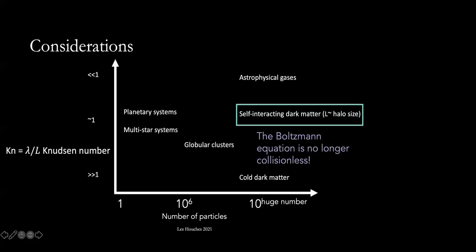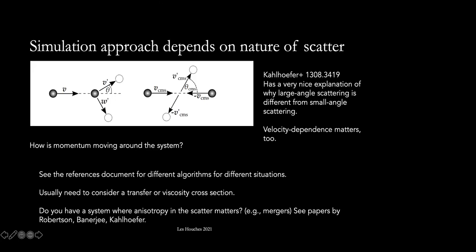So let me talk about self-interacting dark matter. In this case, we're solving an equation, which is annoying because it's also not in the hydro limit. The key thing for self-interacting dark matter simulations is that when you coarse-grain phase space density, you have to think really carefully about what scattering actually means for coarse-grained particles rather than your fundamental particles.